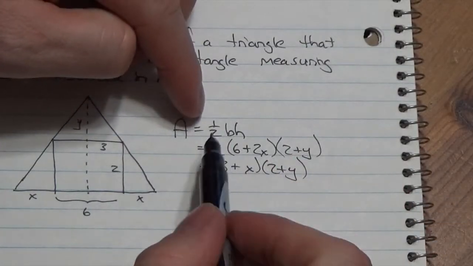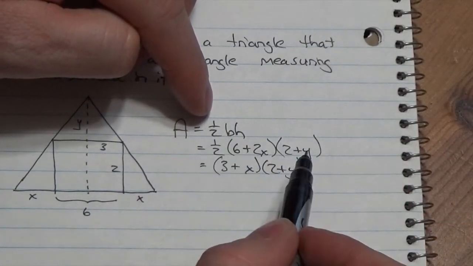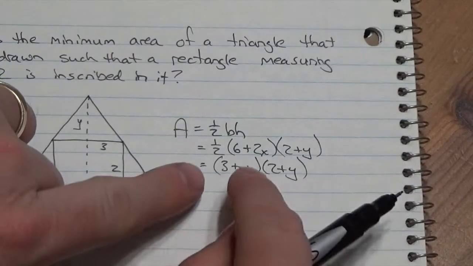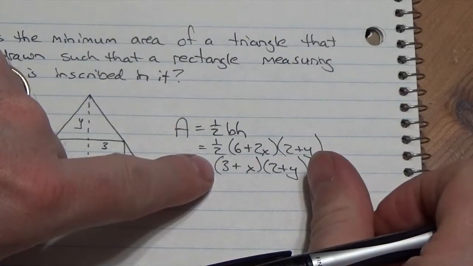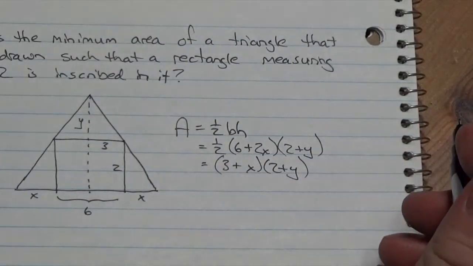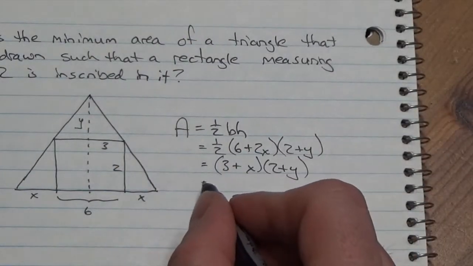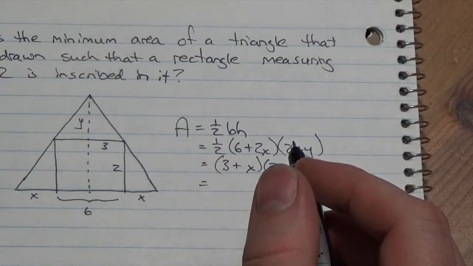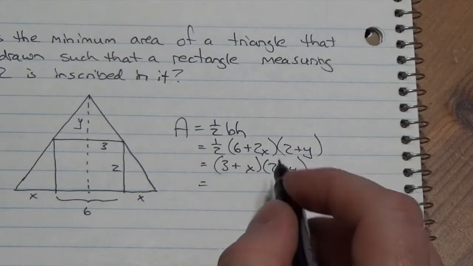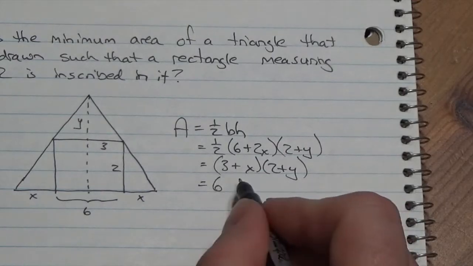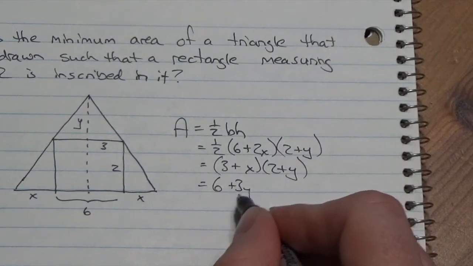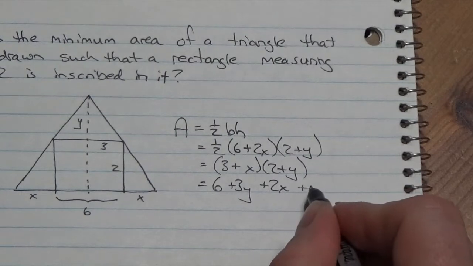So I don't distribute the 1/2 to both of these. I've multiplied those first 2 factors together, so I will have multiplied the 1/2 by everything there. Please don't distribute it to both. Now when we multiply these 2 binomials together, we'll get 6 plus 3y plus 2x plus xy.